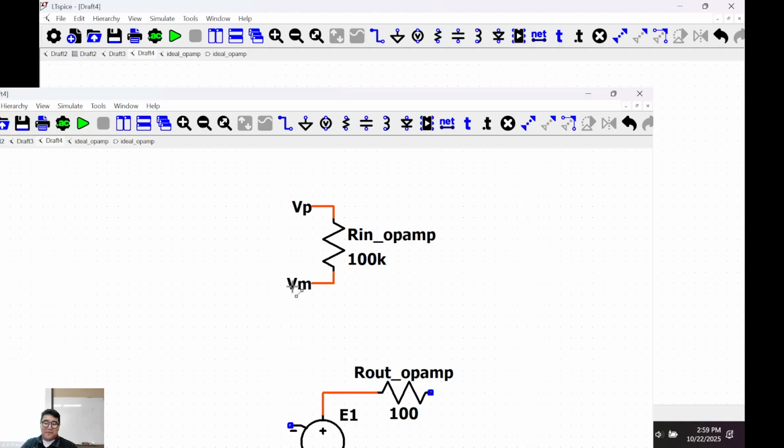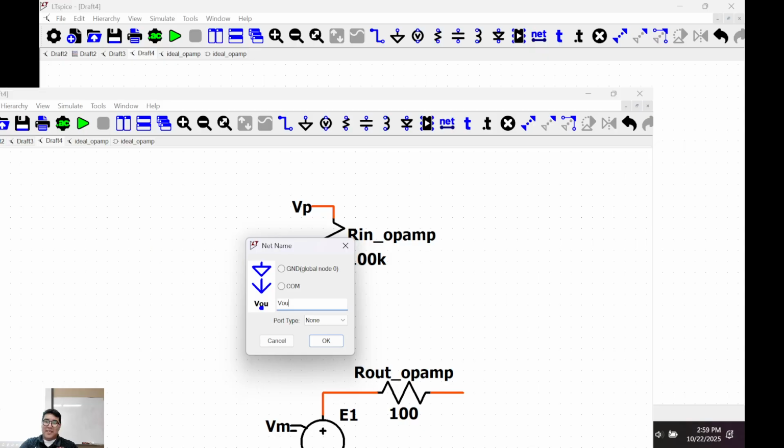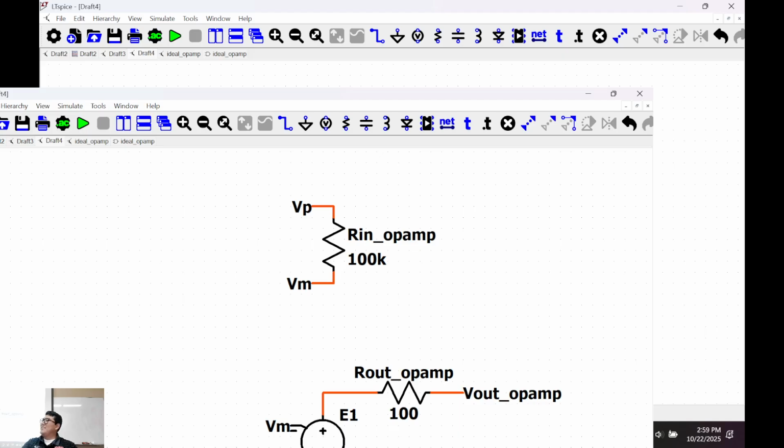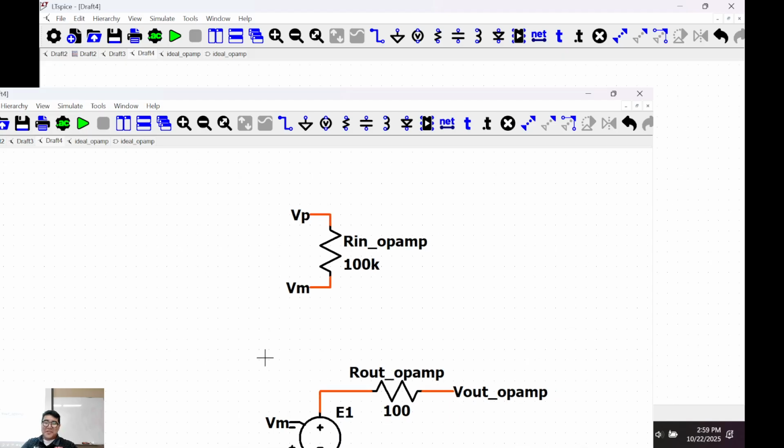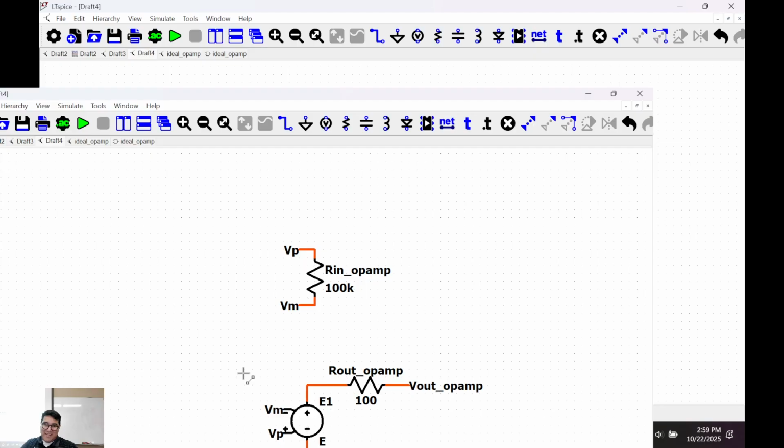So if I were to do the following, boom, plus, boom, minus, right? Is that easy? Cool. And then this right here is called V out op amp. Is that good with everybody? So hear me out, y'all.